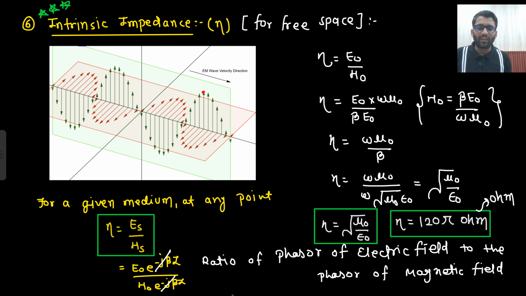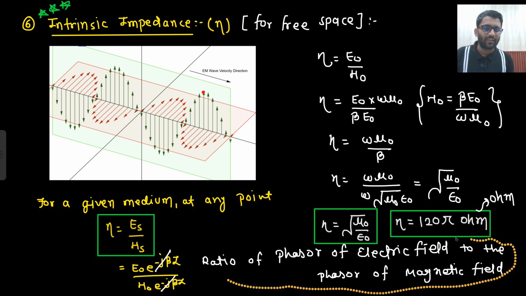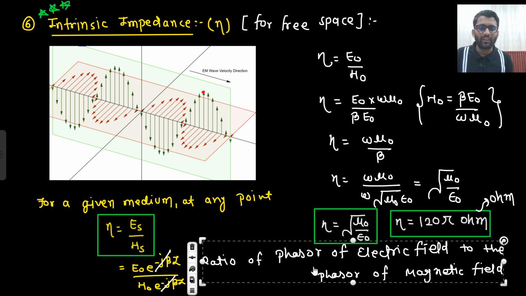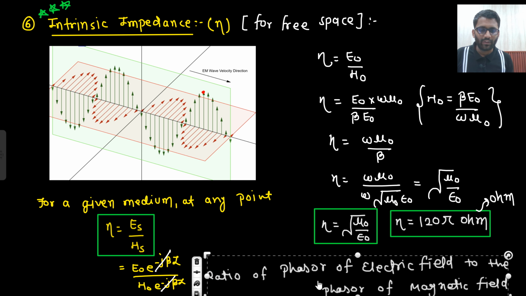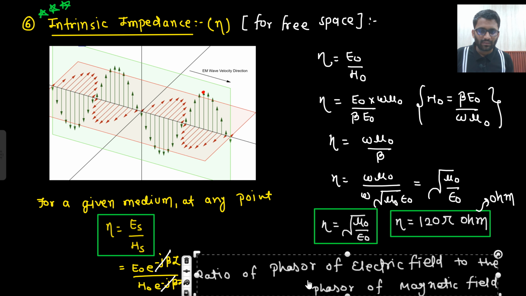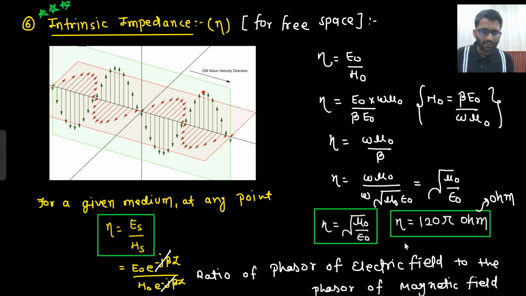And if you solve 120 pi, what do you get? 377. So neta value is fixed for free space. So neta value you are getting as 377 ohm. So these are the two expressions which you are getting. Very, very important. You highlight them. Okay.